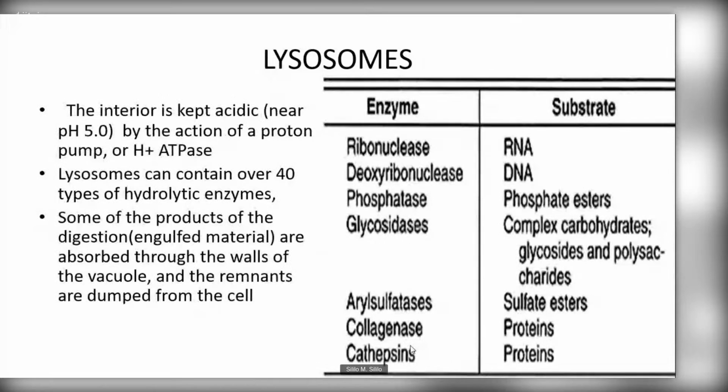Those are examples of enzymes that you have in your lysosome. Ribonuclease digests your RNA. So there are certain RNA that are no longer used in a cell, and they'll be broken down in this lysosome. This is a very important clinical correlate.